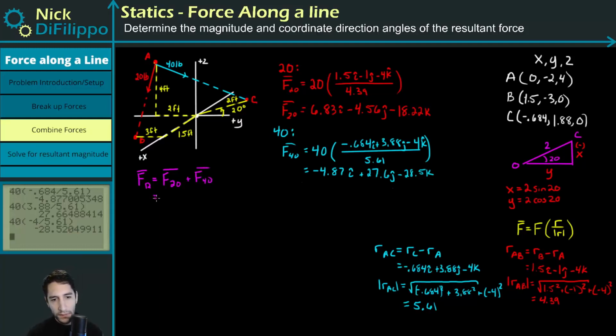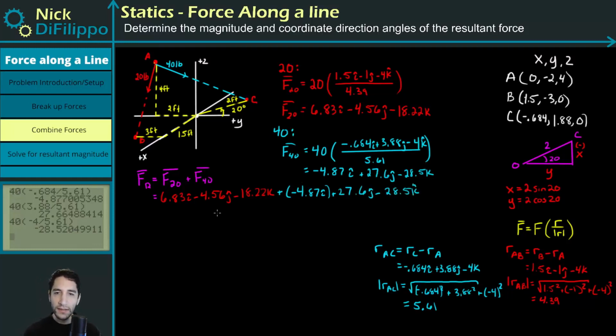Now this is going to be equal to 6.83 I minus 4.56 J minus 18.22 K. And then we're going to have plus a minus 4.87 I plus 27.6 J minus 28.5 K.